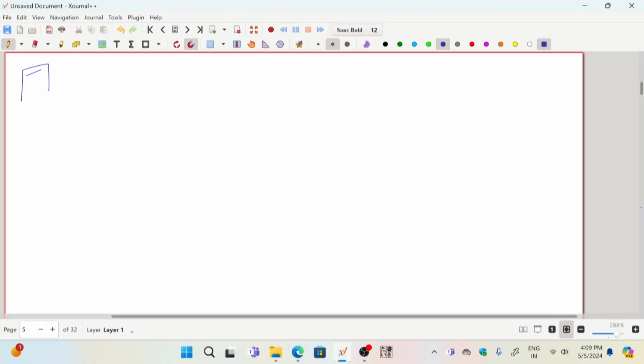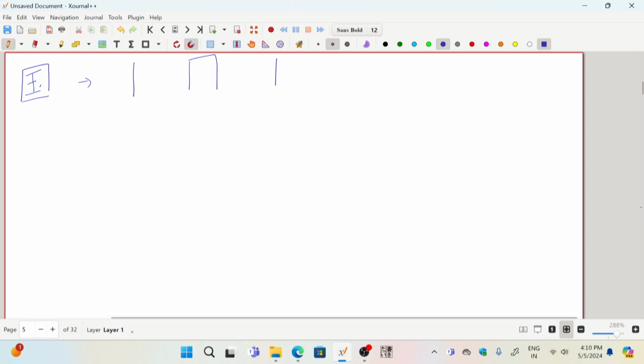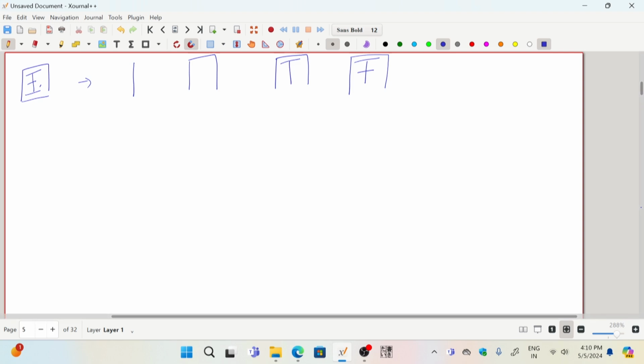We'll begin today's class with the kanji of kuni, that means country. Let's write it. So this is the kanji of kuni. Kuni means country.